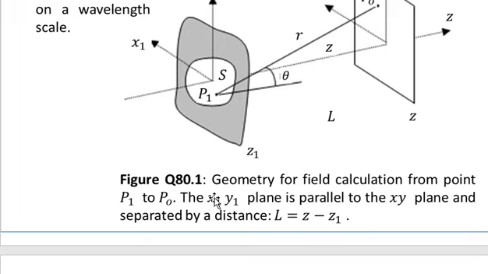The caption of the figure is: geometry for field calculation from point P1 to P0. The x1, y1 plane is parallel to the xy plane and separated by a distance capital L, which is equal to z minus z1.